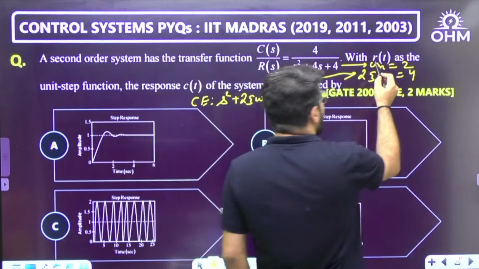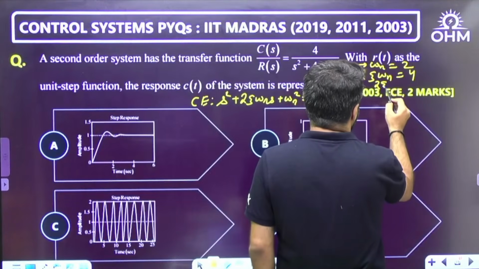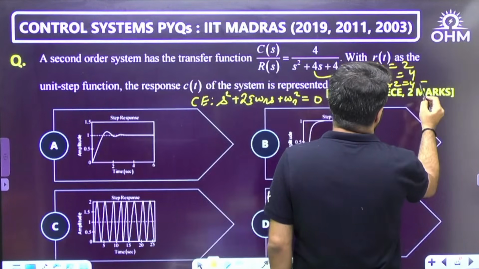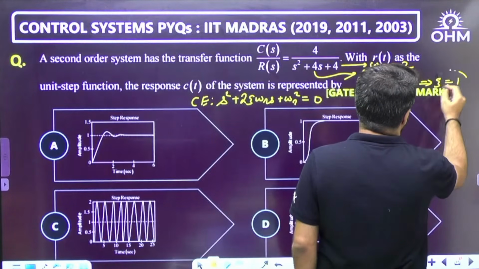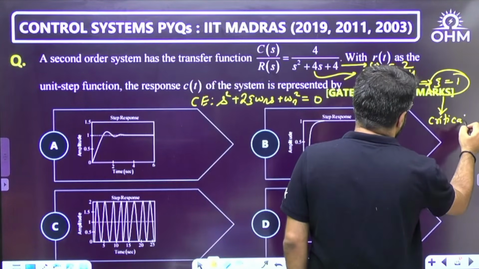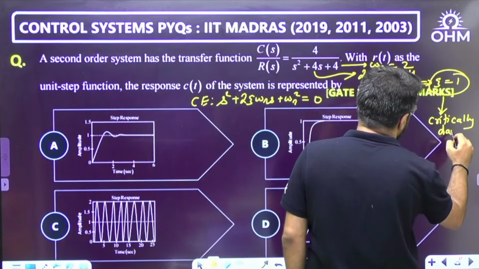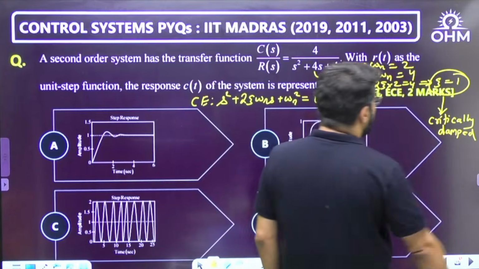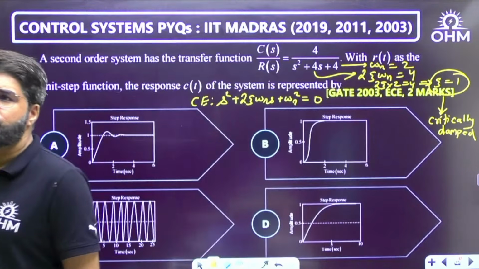If I put omega n equal to 2, the 4 cancels and zeta equals 1. So what type of waveform is expected for zeta equal to 1?